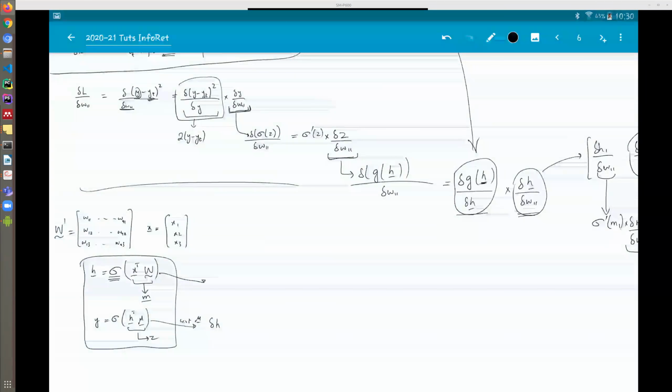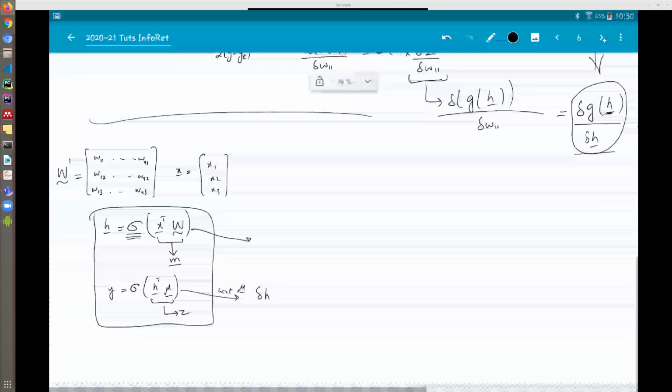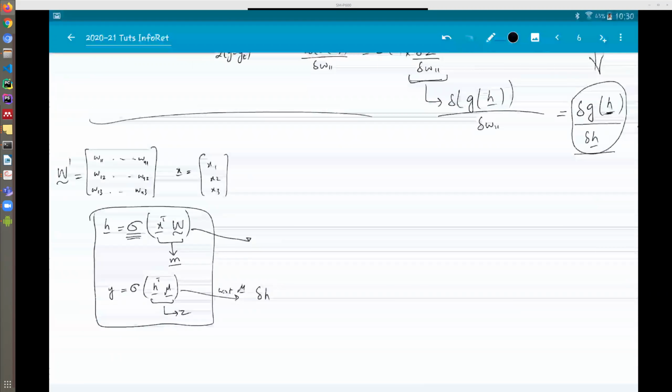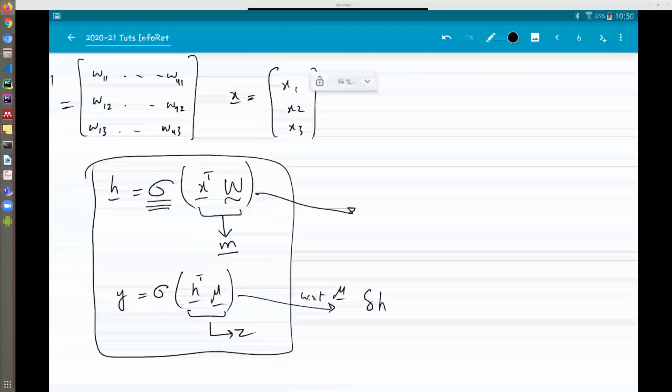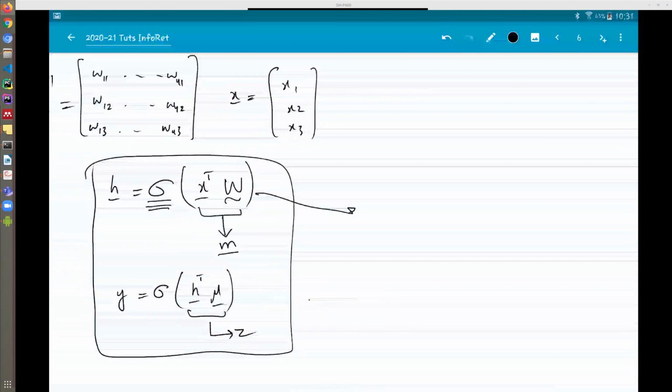I will actually recommend you to go through this. You can find on Wikipedia and many other sites the equations for calculating gradients in vector calculus.